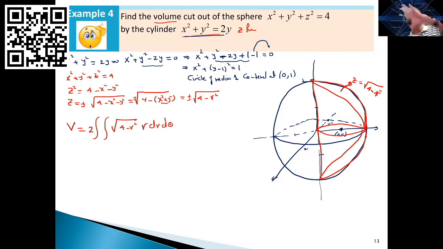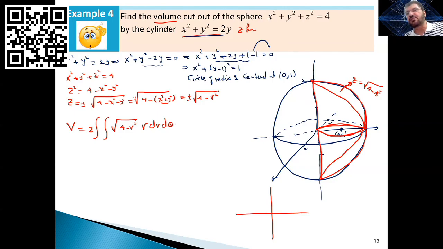Because I'm going to talk about only the upper sphere, just the top one. Ignore the bottom one and multiply by 2. Why only the top one? Because I need to find what's the base of the sphere. Look at this face. Where is my region? So the region, be careful. The region is the red one only, not the whole thing, not the whole sphere. I need the top sphere only. And this is my base. I will take this base and graph it in the XY plane, guys. What does the graph look like?